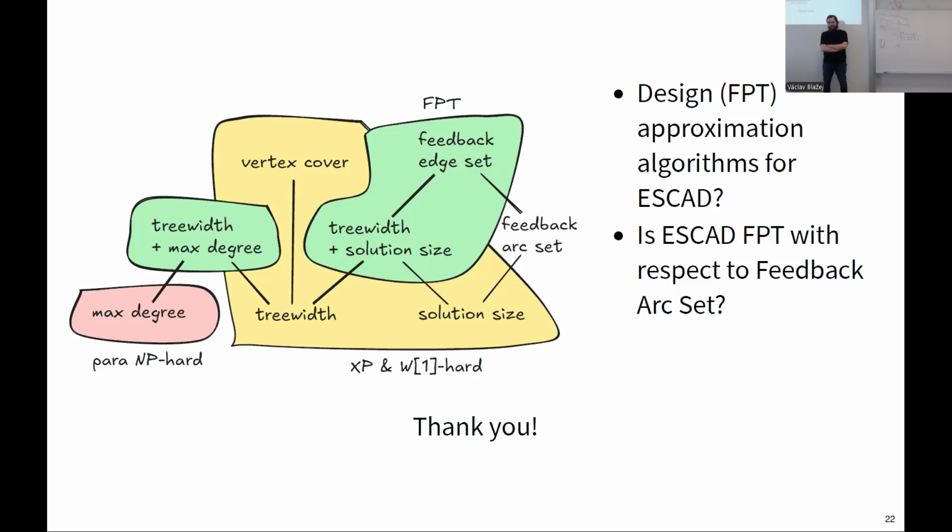So the solution size. No, if I can delete a feedback edge set number of edges, then the solution size will be bigger. Even if you have a forest, it can still be a strongly connected component. It depends how you define the underlying undirected graph. If you define it so that for every directed edge I add an edge to the graph, and I can have multi-edges, then it is clear.